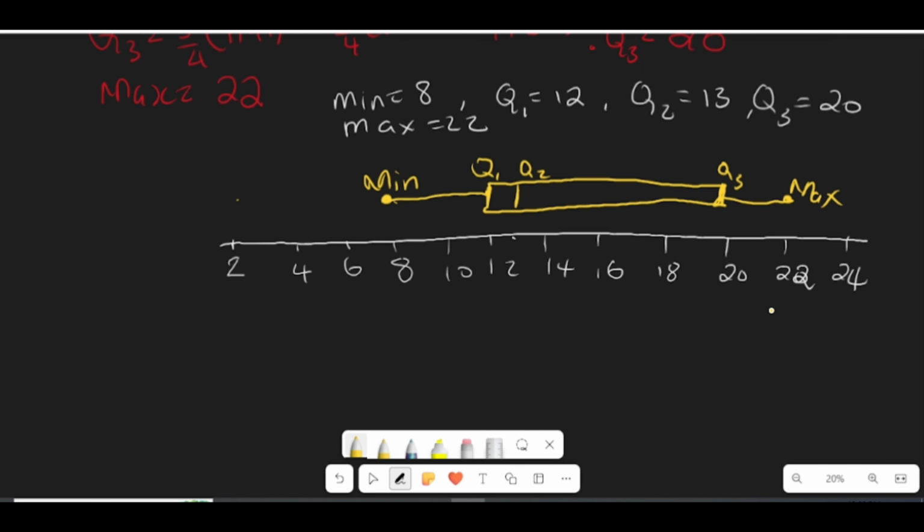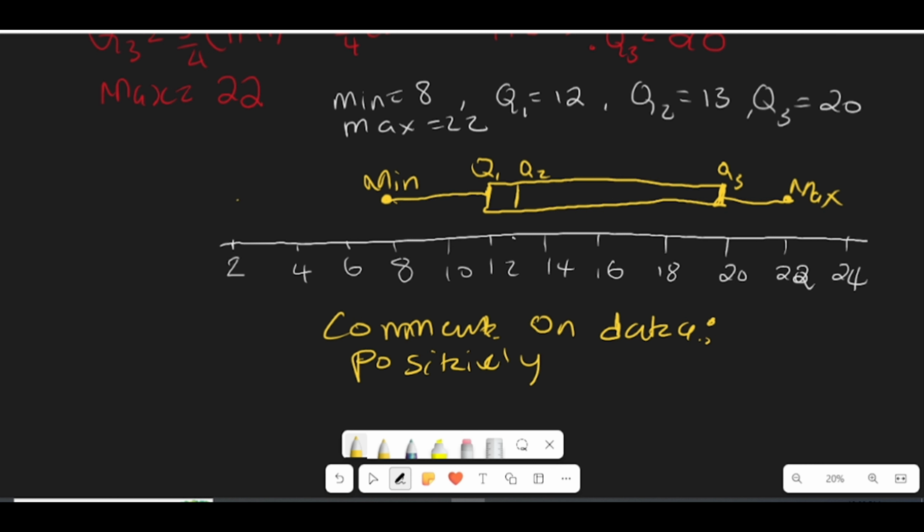Therefore, you can comment to say the data is positively skewed.